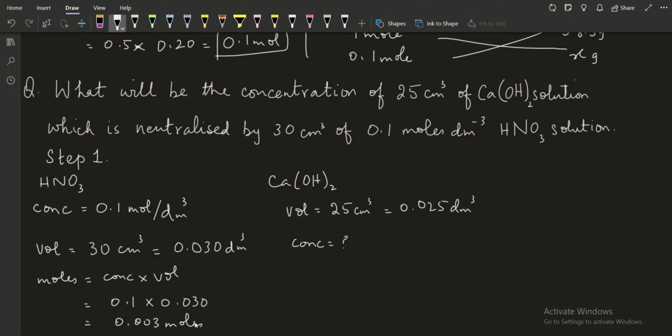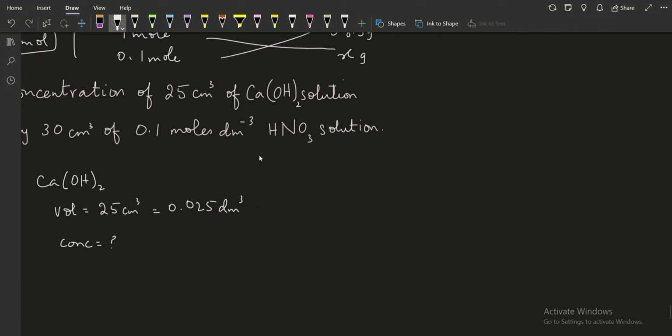So we are done with the first step, that we have calculated the number of moles. Next, step number 2 is that we have to write the balanced chemical equation for the reaction between calcium hydroxide and nitric acid.